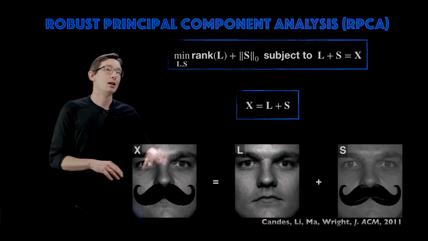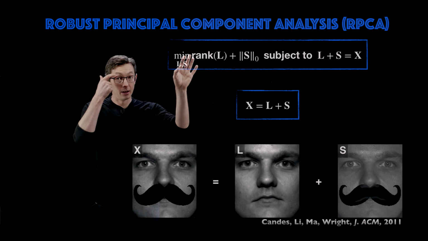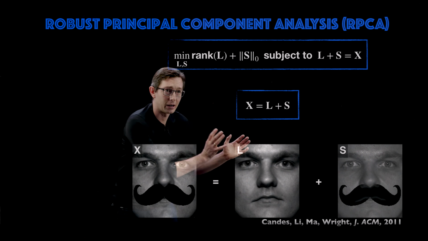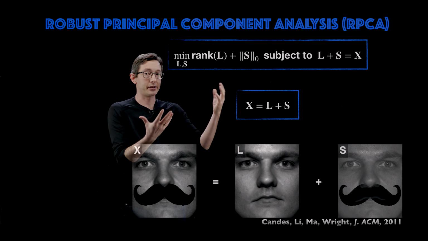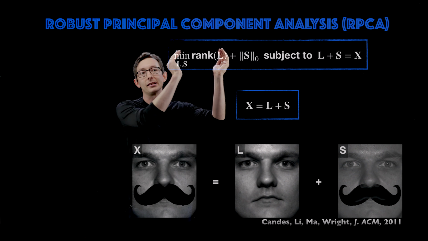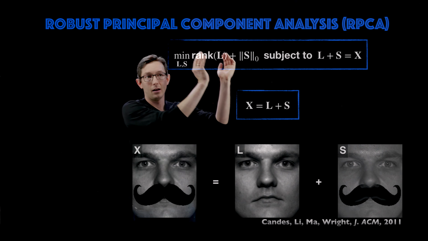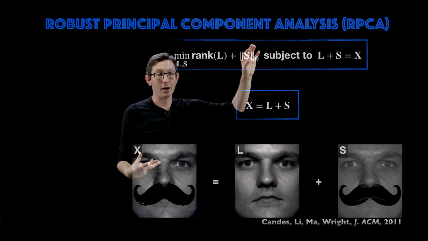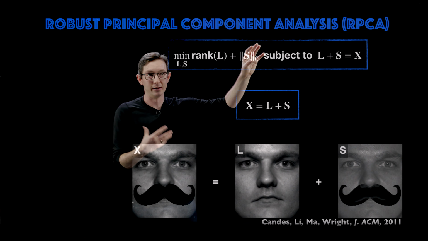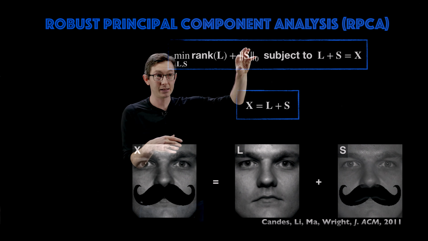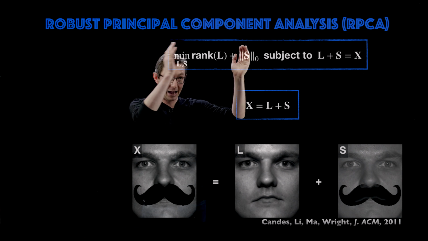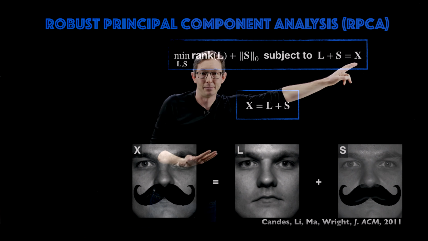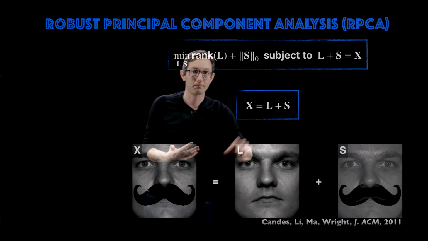And in this case, the properties we actually want on L and S is that we want our L matrix to be low rank, so it's well described by principal components. So we want to minimize the rank of L. We want S to be sparse because we don't believe that much of our image is corrupt. So we want S, our kind of corruption entries, to be a sparse matrix. And we want to minimize that rank plus L0 norm of S so that L plus S adds up to X, so that this is true.